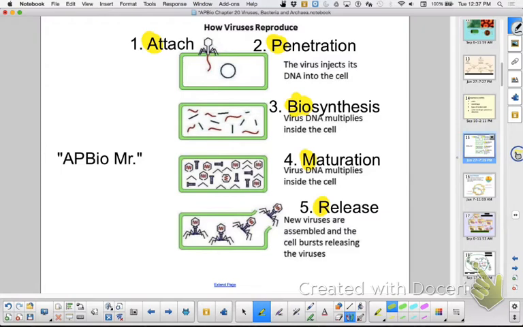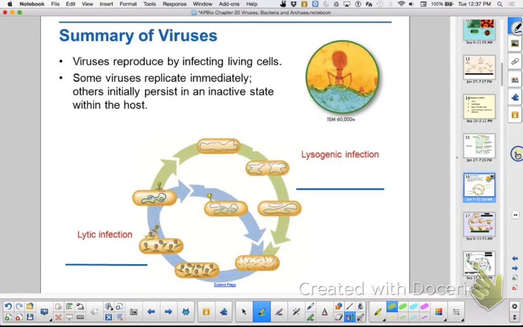The next part, also some variation on this theme, is the difference between a lytic and a lysogenic cycle. Whoever you're sitting next to, verbalize it. Maybe whoever has the darkest shirt on be lytic, and the other bio buddy be lysogenic. See if you can verbalize that.